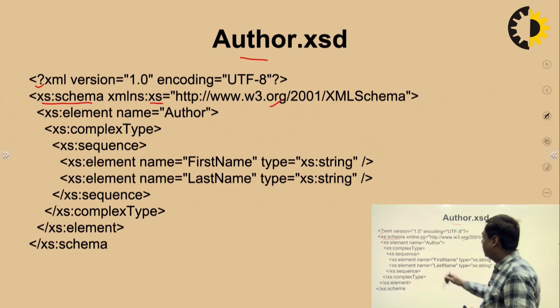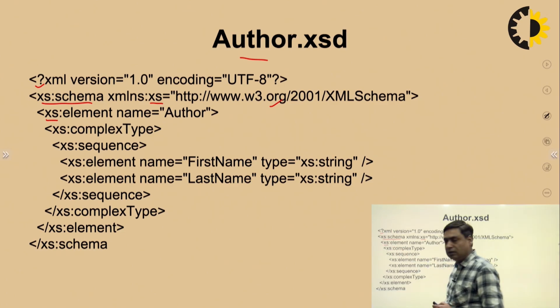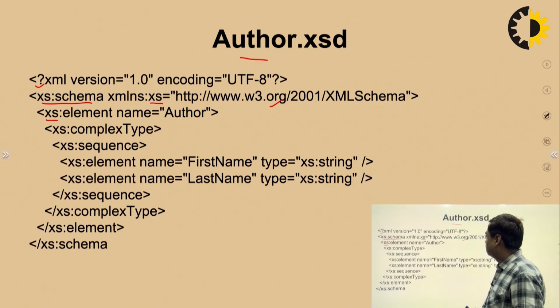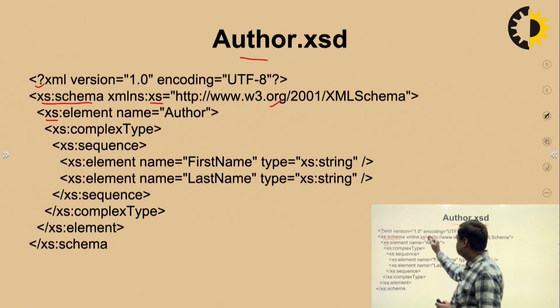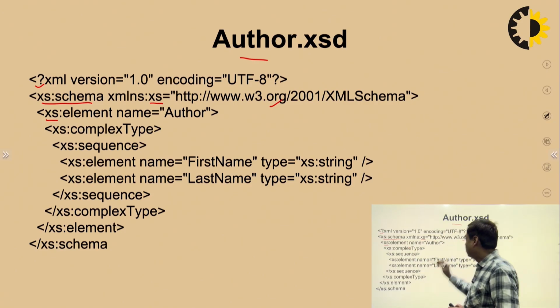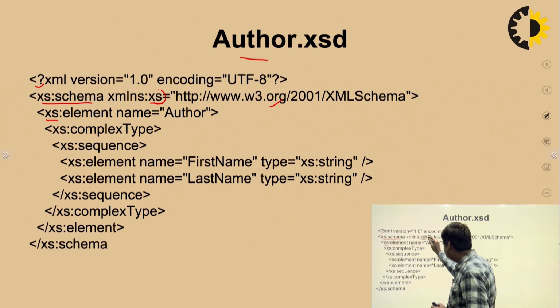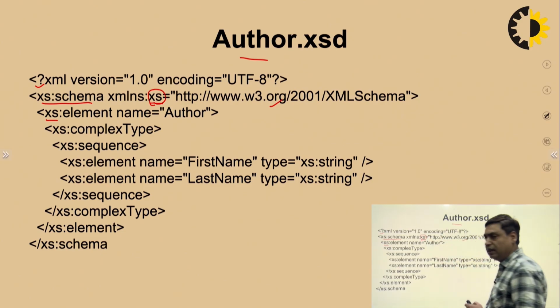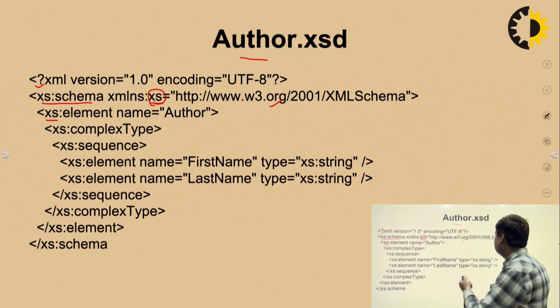All the elements will be accessed through the xs reference that you have given. You can change its name. If it is xsd, then you can put xsd here. If it is xml, you can put xml here. You can use mi, then it is mi here. So this part is also user defined. You can define any name. It is just like an alias for the reference that you are accessing in the XML file.